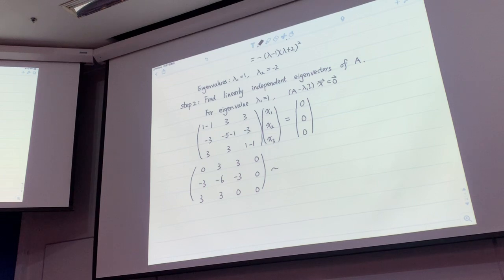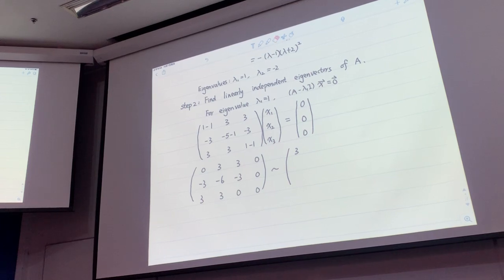So we do the row operation, because this element is 0, so we need to do that. Because the first column is a pivot column, for sure it is not all 0. So we need to swap the first row and the last row.